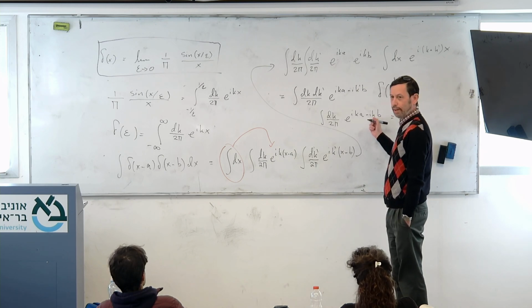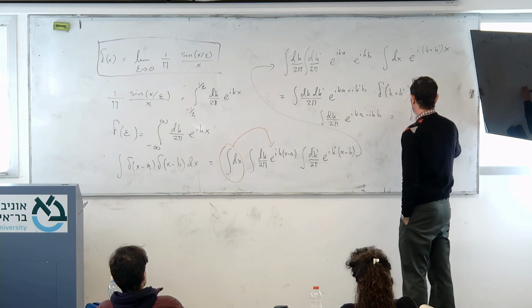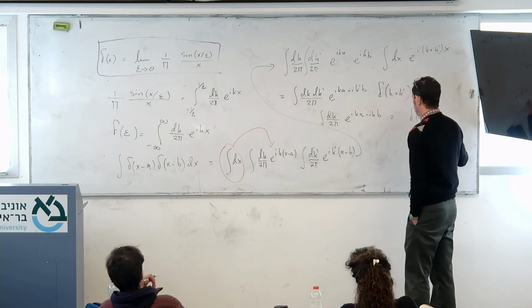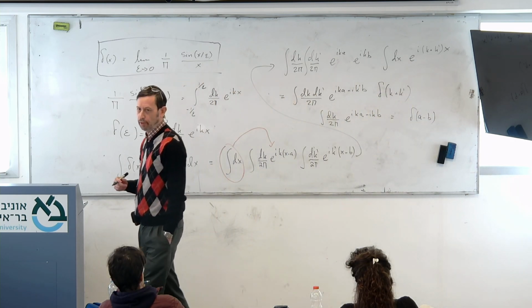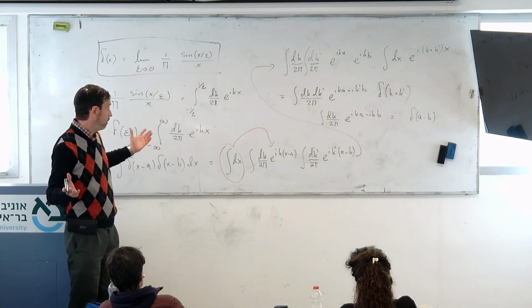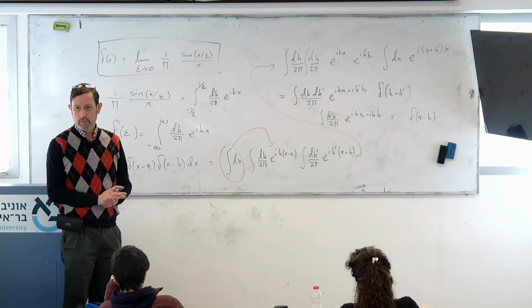This is delta of a minus b, which is the result we gave in the previous lecture. As you see, straightforward to prove.